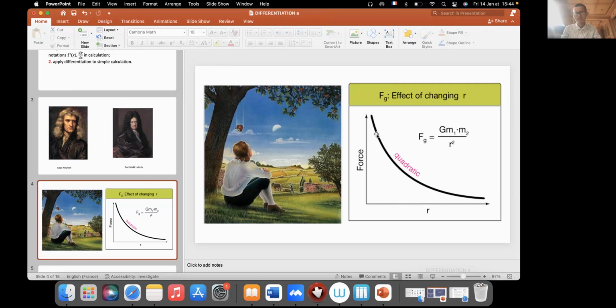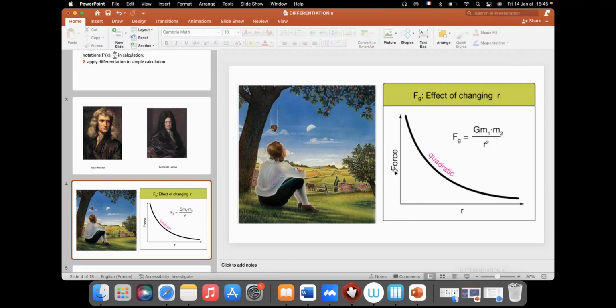For example, at this point, when the distance is small, the gravitation changes rapidly. But when the distance is very large, the gravitation changes very slowly, right? So a question naturally arises: how can we mathematically characterize the differences in change on the curve?